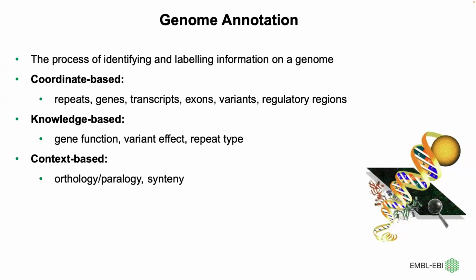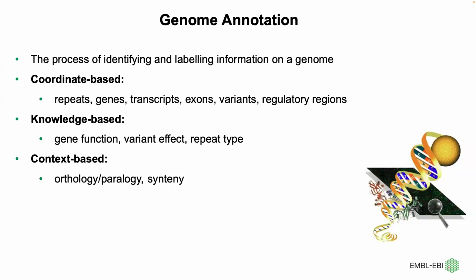It could be knowledge-based, where you identify the function of these elements and effects of these elements on the phenotype. And lastly, it could be context-based, where different genomes are compared across different species to infer orthology, paralogy, and synteny.